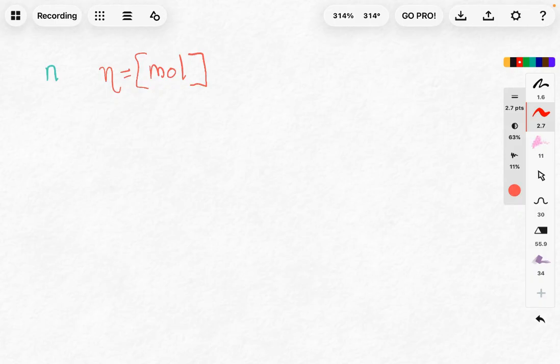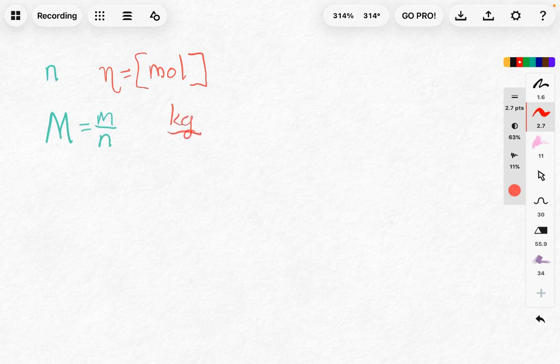Now, let's look at molar mass. Molar mass, which is usually symbolized by big M, is small m over N, so mass over number of moles. Let's actually look at the units.